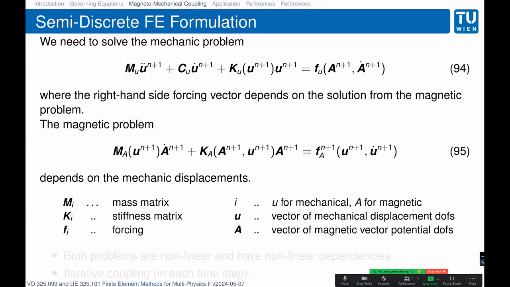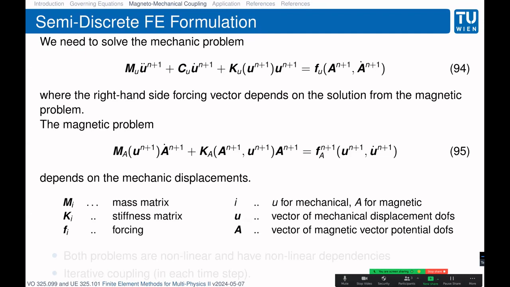So the mechanical configuration changes are taken into account there, and we have right-hand side forces for the magnetic problem. So this could be known currents, but if those currents are in the mechanic region that can also deform, we also have here this dependence on the mechanical field U.